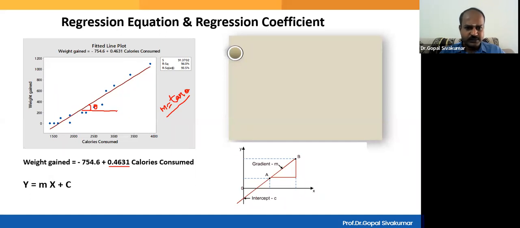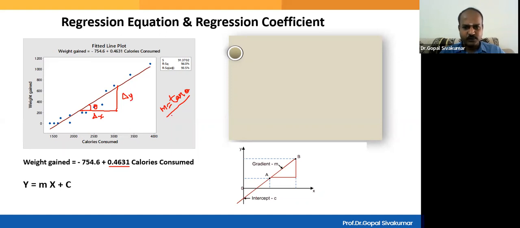Another way of finding it out is, after drawing the horizontal, draw a vertical. Now measure the length of the vertical as well as the length of the horizontal. The length of the horizontal is considered to be del x, and the length of the vertical is considered to be del y.